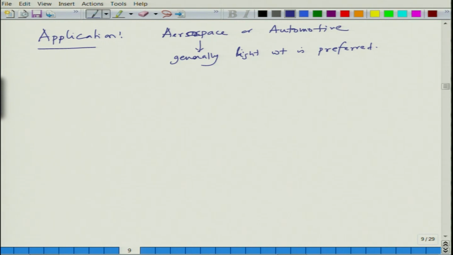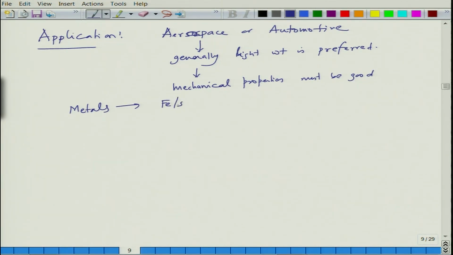Now, lightweight is preferred, but mechanical properties must be good. So, among metals the options are iron or steel, which is strong but heavy.